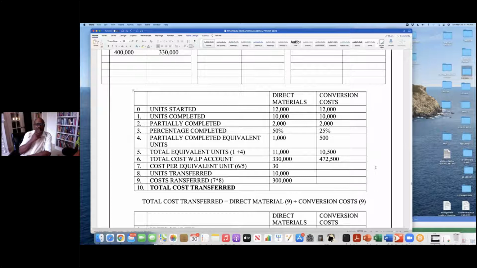So 10,500 and the 472.5 is how much? 472.5 divided by 10,500. Oh, divide. You add. Right? We're getting the weighted average. Oh, that's right. Okay. It's 45.